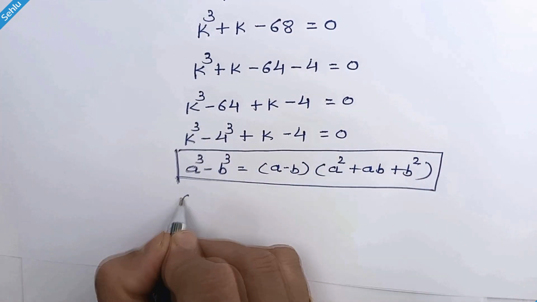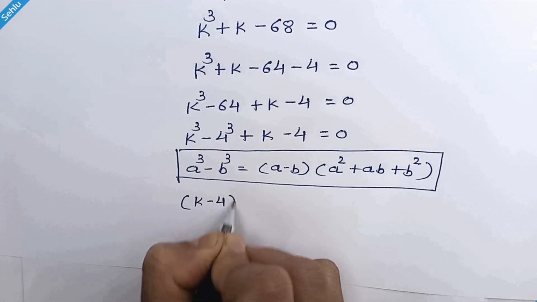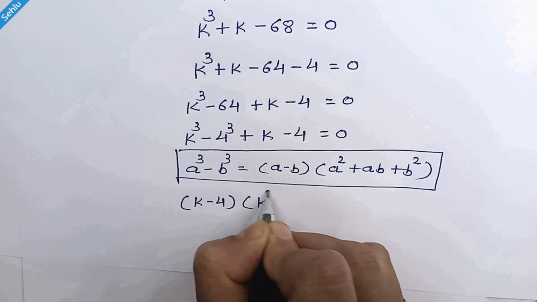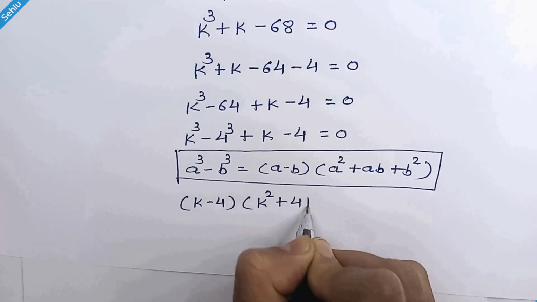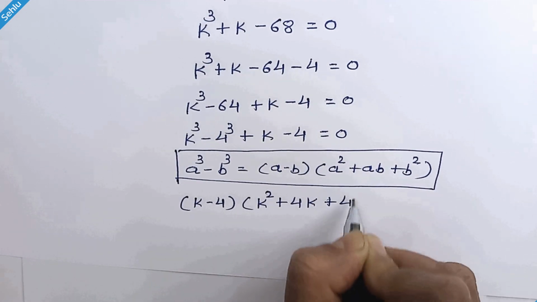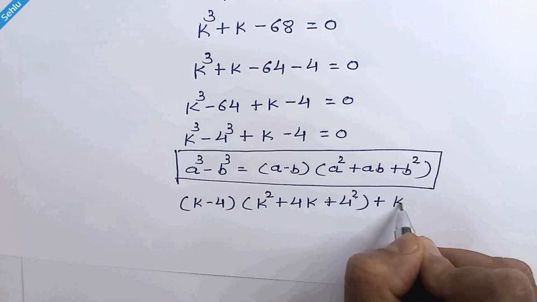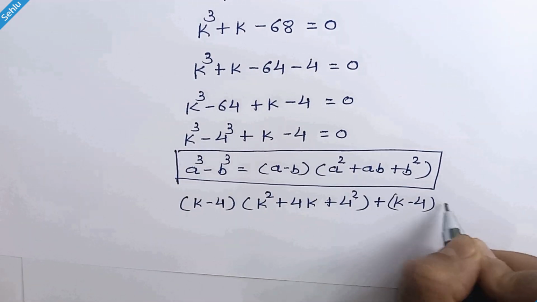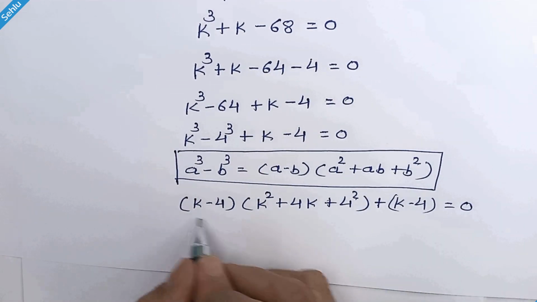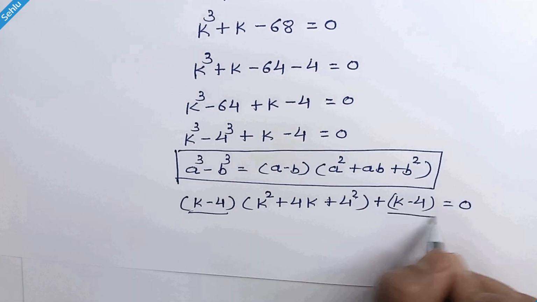So this part can be written as (k − 4)(k² + 4k + 4²). And here we have k − 4 is equal to 0. Now from here we can factor out k − 4.